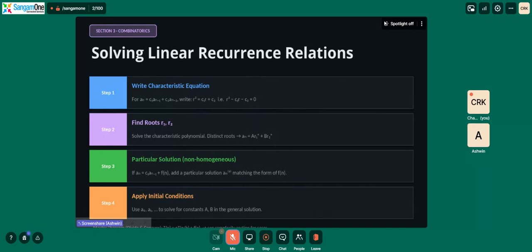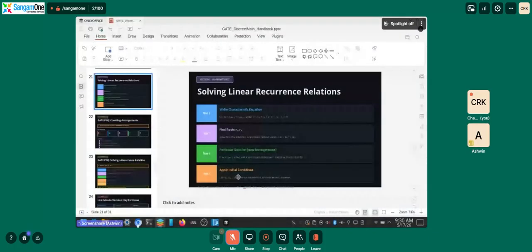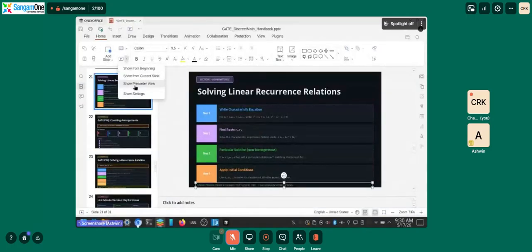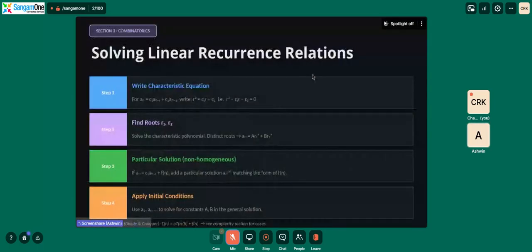And about this master theorem for divide and conquer: T of n equals a T of n by b plus f of n, which has complexity for three cases.